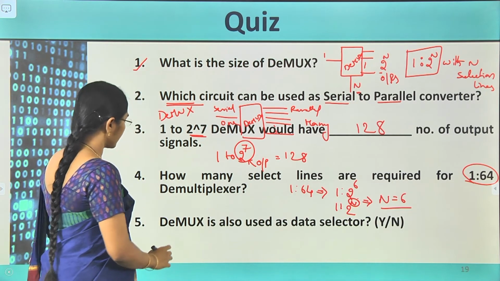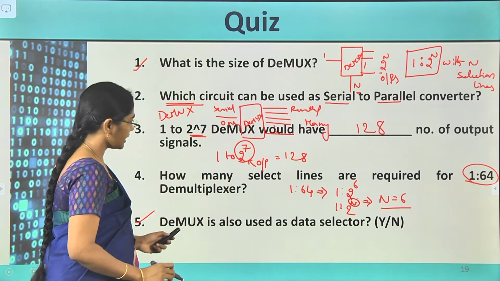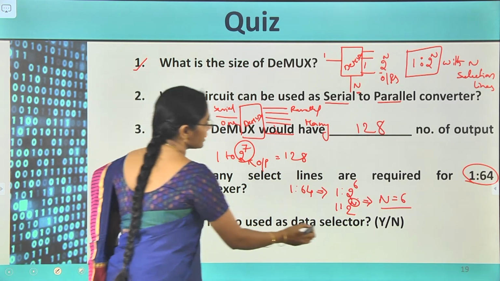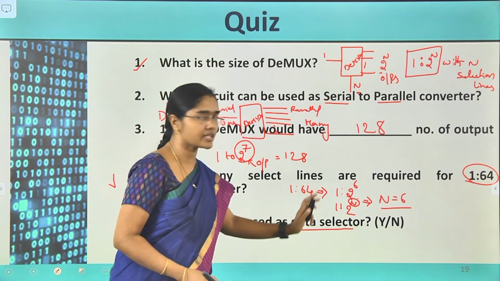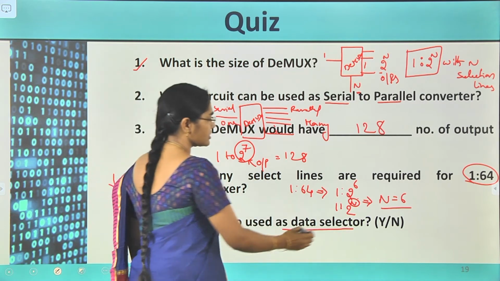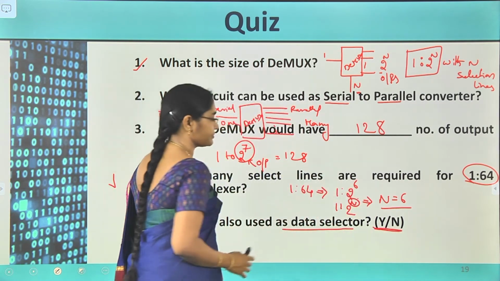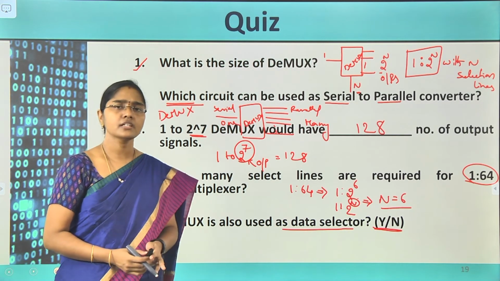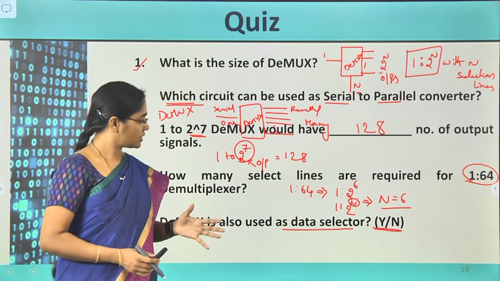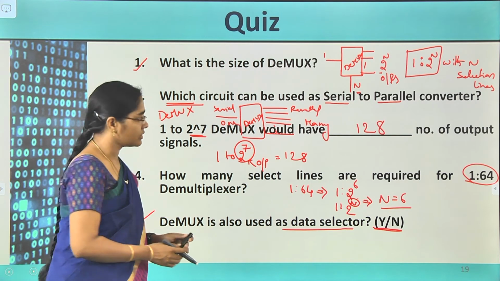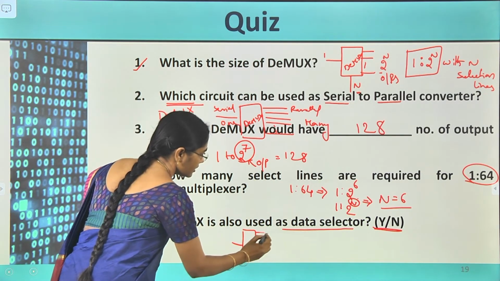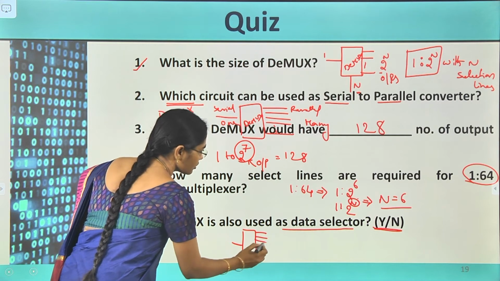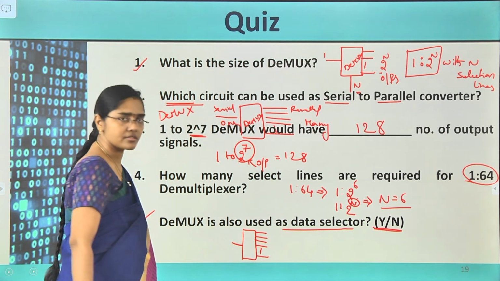Next, the last question. Demux is also used as a data selector. It is a statement. Is it yes or no? You need to understand the demux function. What is a demux doing? It takes one signal and distributes it to many output lines.